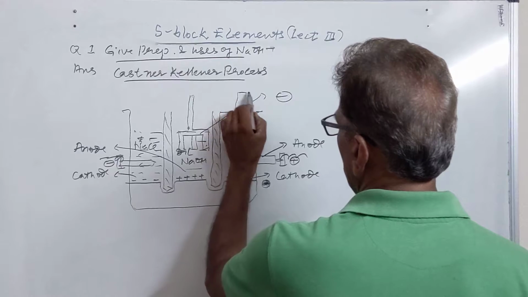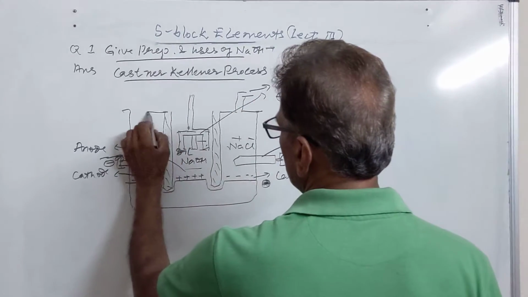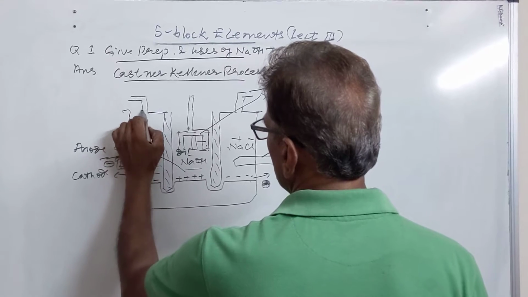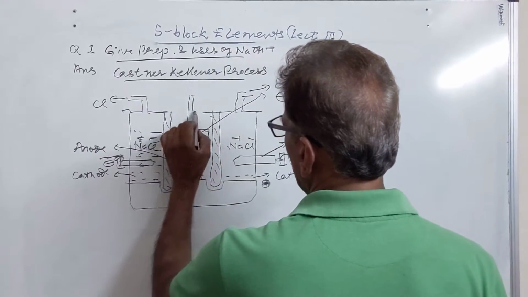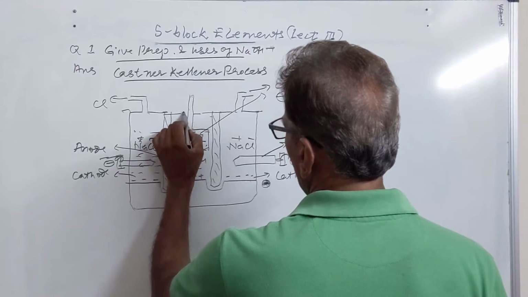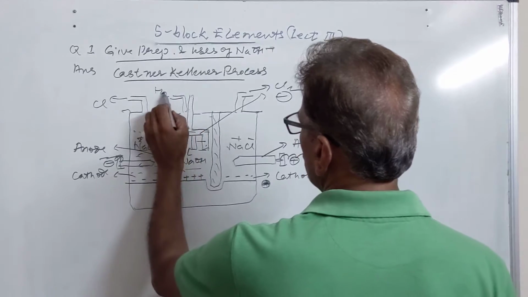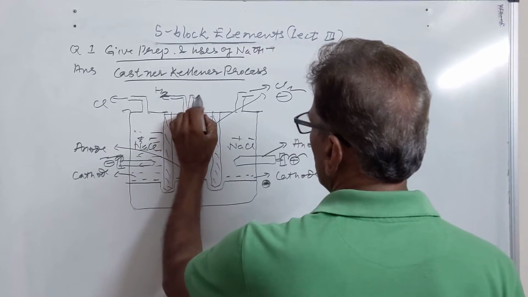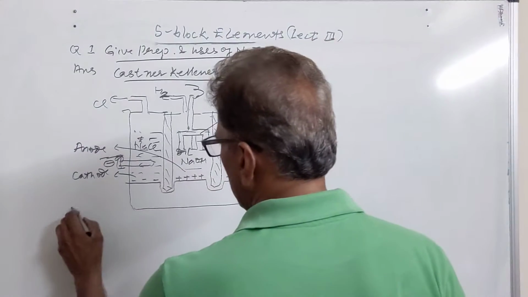From the outer compartment chlorine gas is produced. From the central compartment hydrogen gas is produced. So these are the compartments of reactions.